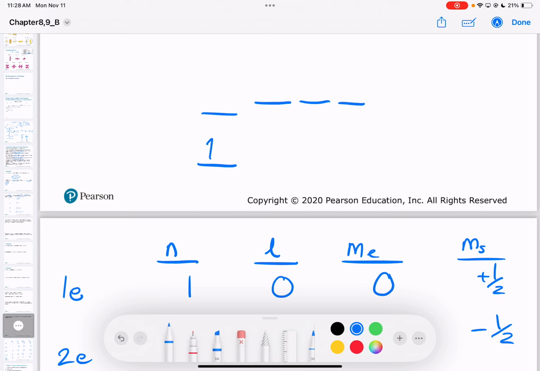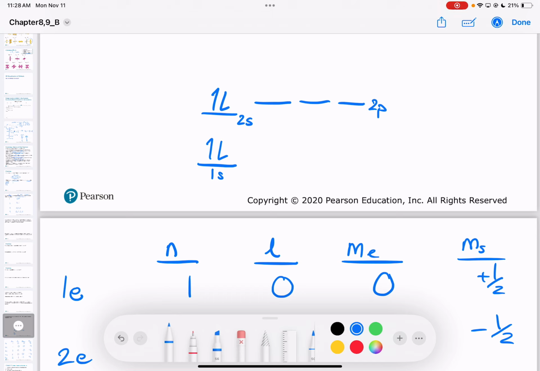So I fill in the 1s first. It's not going to go up to the 2s before you pair up the electrons in that orbital because it wants to stay lowest energy possible. The 2s is lower in energy than the 2p subshell. So again, I'm going to put 2 electrons in there before I do anything else.